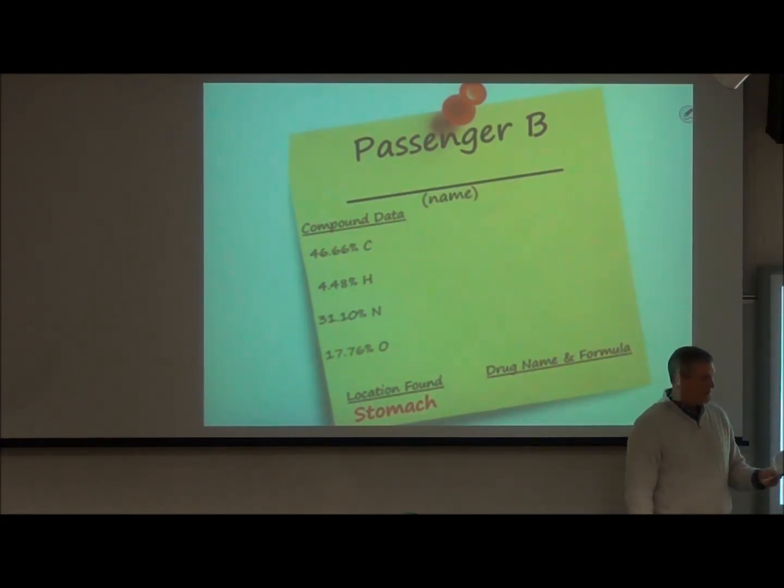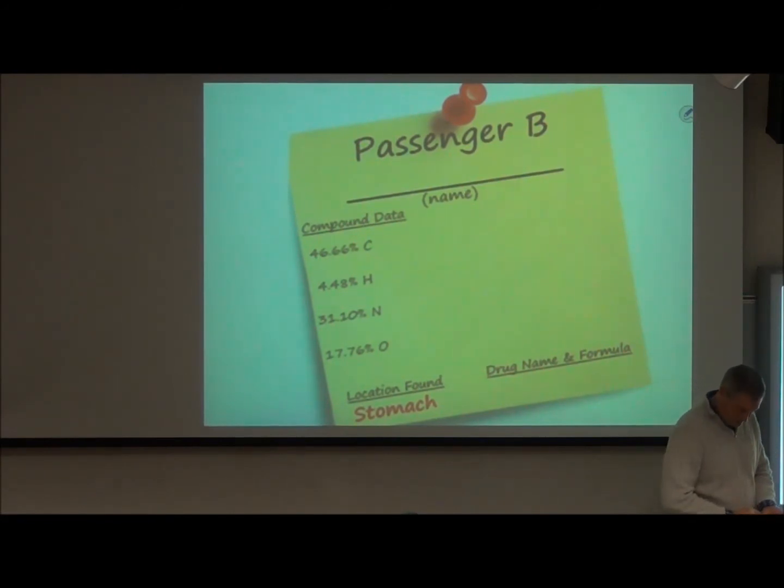All right, so this is the second of the 2 passenger B Post-its. And this one I don't have all my calculations written down for, but we're going to get rid of our percentages, replace them with grams, and convert to moles.